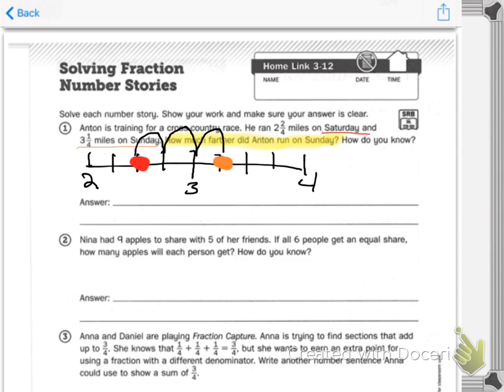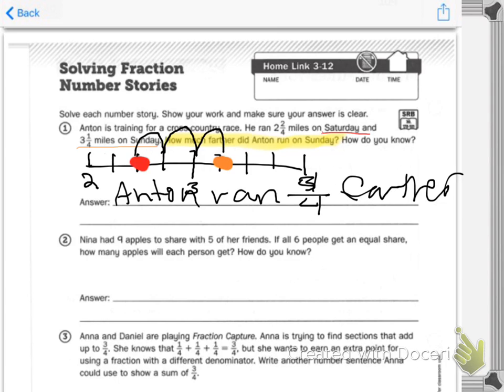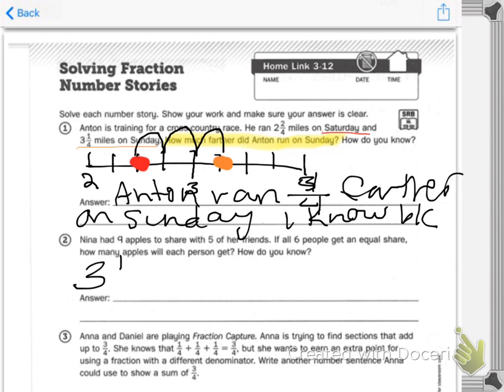So your answer is Anton ran 3/4 farther on Sunday. I know because 3 1/4 minus 2 2/4 is 3/4.